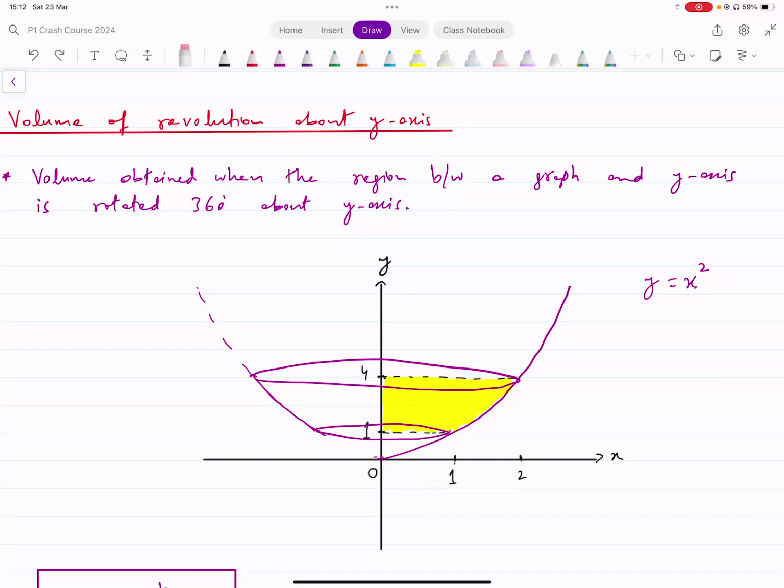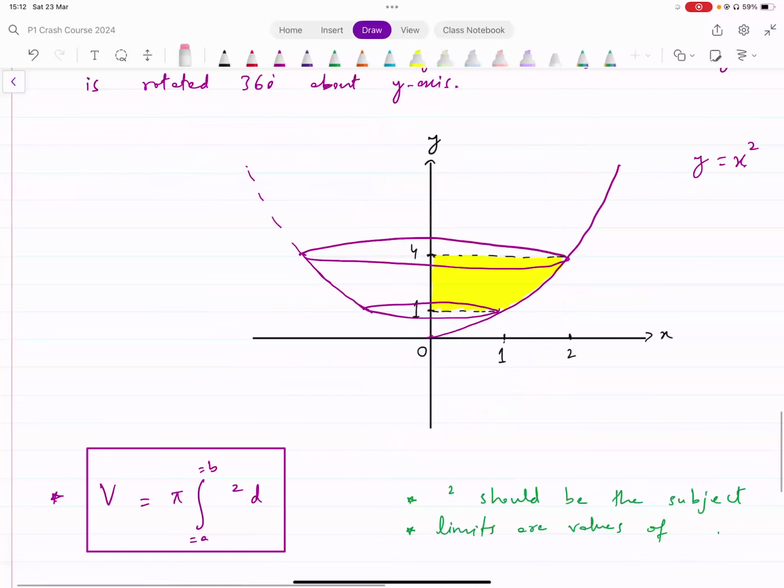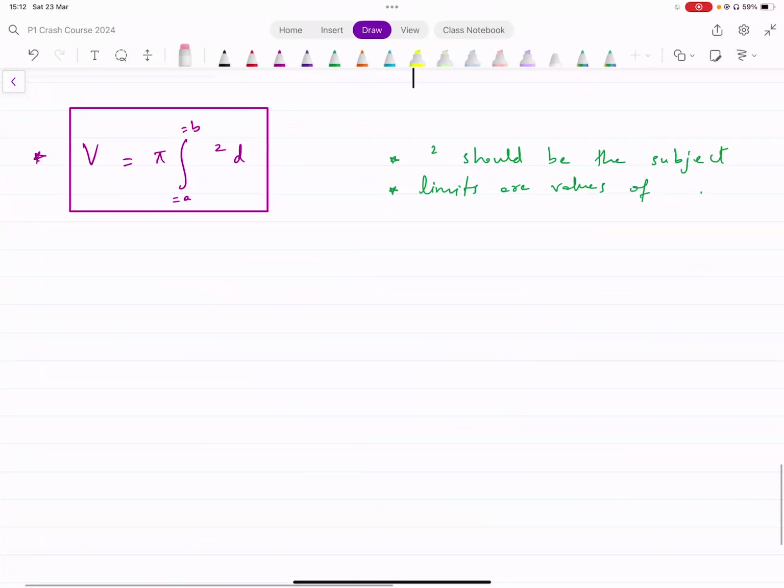Now, how do you find this volume? For this, you have a similar formula, just like we had a formula for volume of revolution about the x-axis. We have a formula for volume of revolution about the y-axis now, and that looks like this. It's pi into the integral of x squared with respect to y, with limits from y equals a to y equals b.